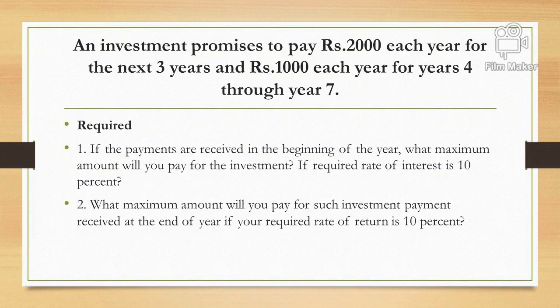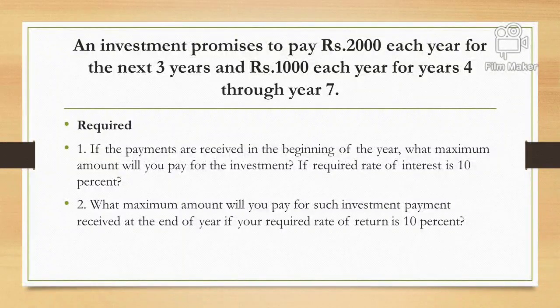Now the question is to find out by two methods. One is, if the company is going to pay us this income in the beginning of the year, then what should be the amount of investment, how much should we pay to purchase this investment. And if the company promises to pay at the end of the year, then what should be the price of that particular investment.